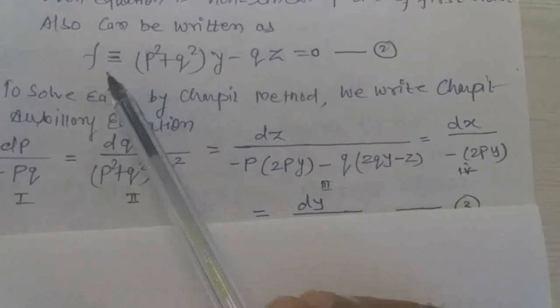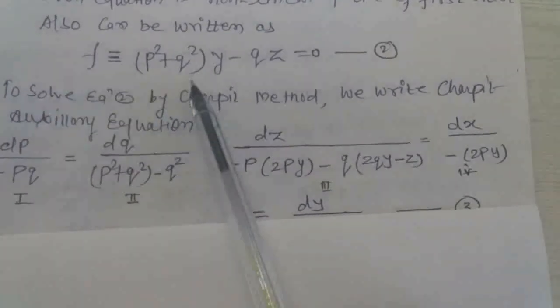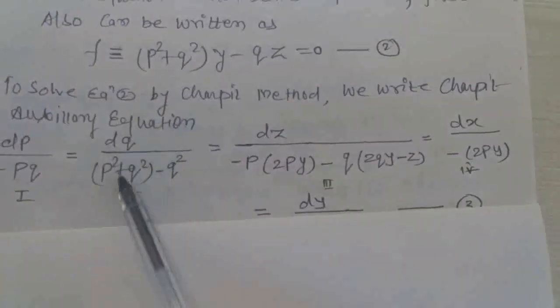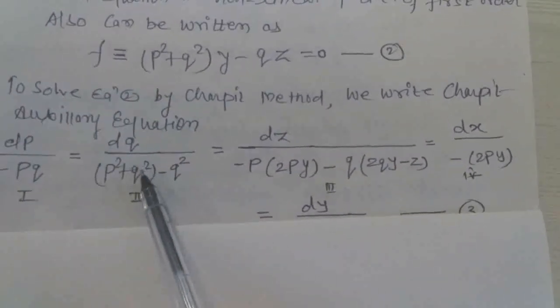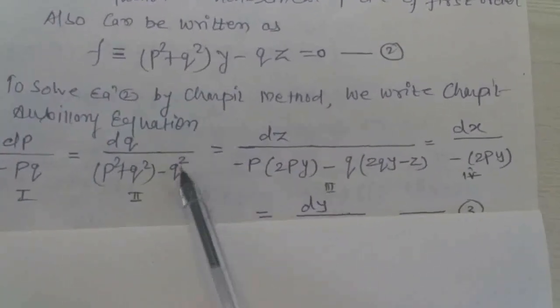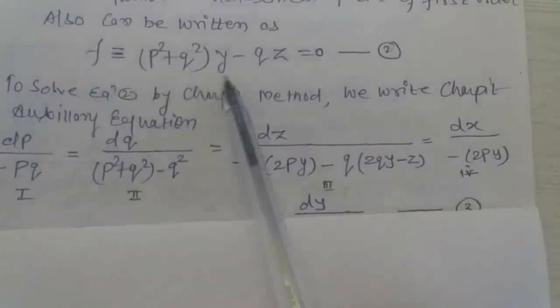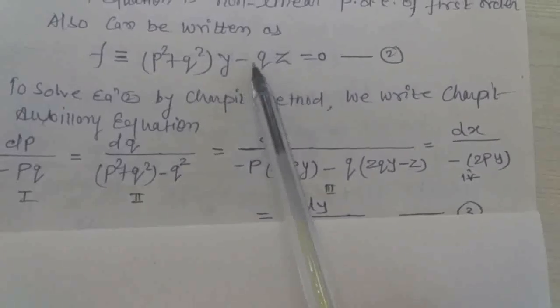equal to dq upon del f by del y plus q del f by del z. The partial derivative of f with respect to y, we get p square plus q square, plus q del f by del z. Del f by del z, again we get minus q.